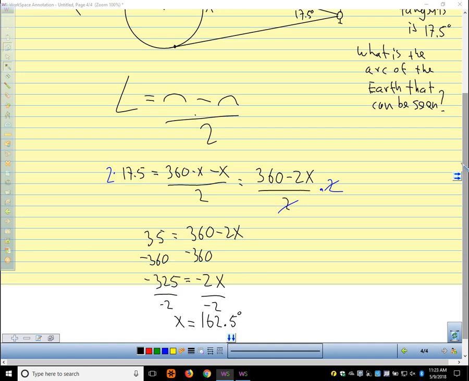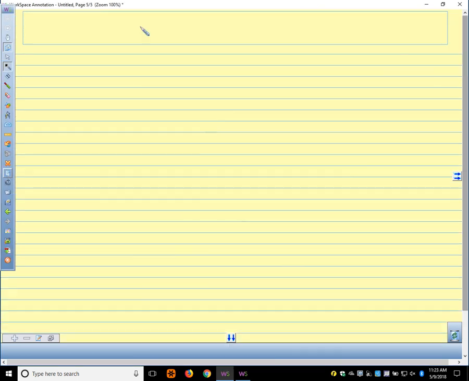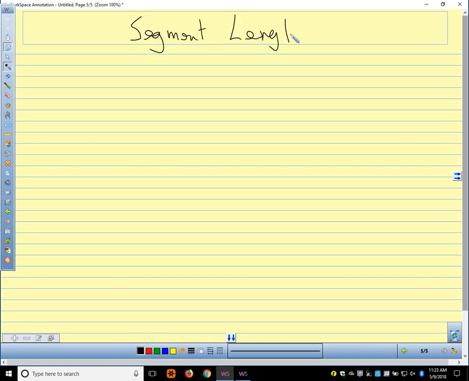All right, now we're going to move from talking about angles to talking about segment lengths. And in your flip book, you'll notice that the next 3 circles that are in there have a gray background.